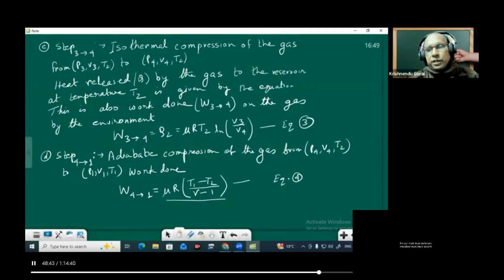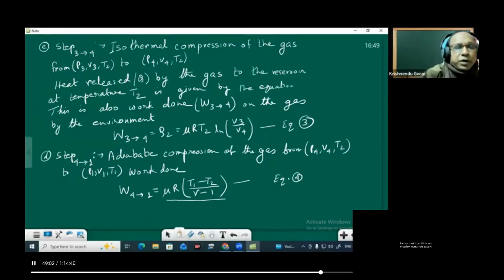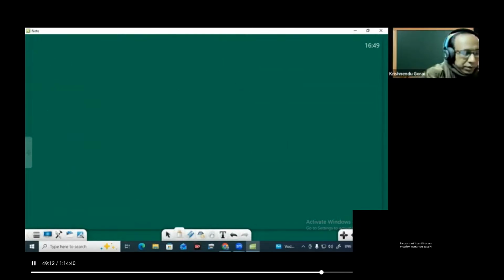Equation 2, in the previous case, you see this is the same: mu R, T1 minus T2 by gamma minus 1. So equation 2 and equation 4 will cancel with each other. So we'll get the work done in this value, and the other things will be the total work done, like this.